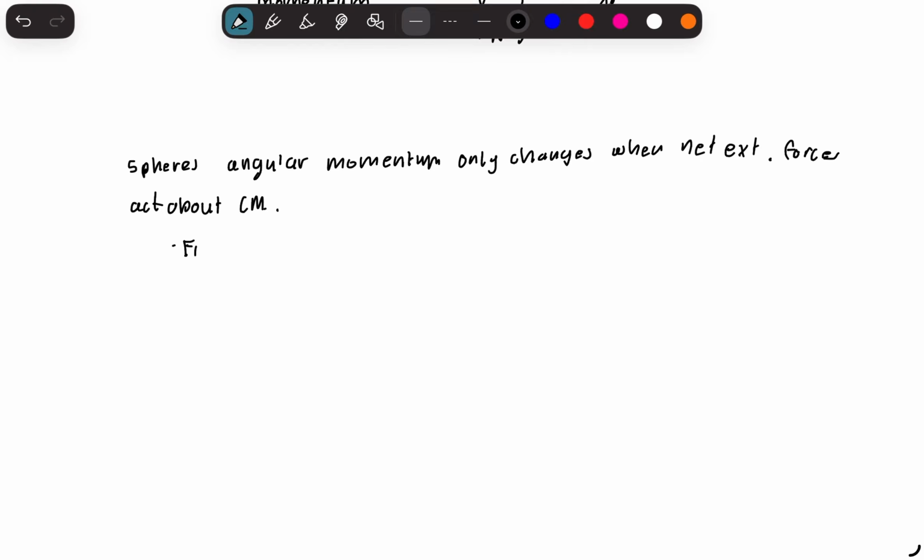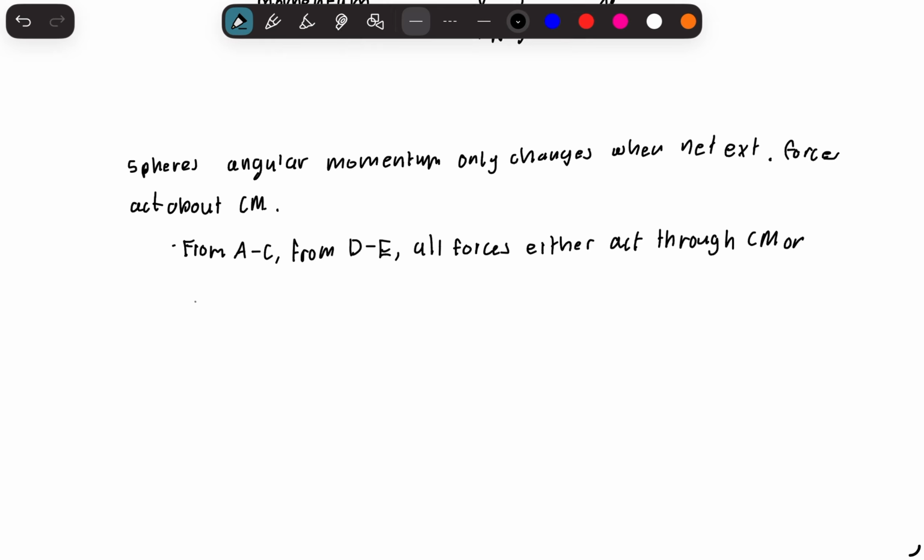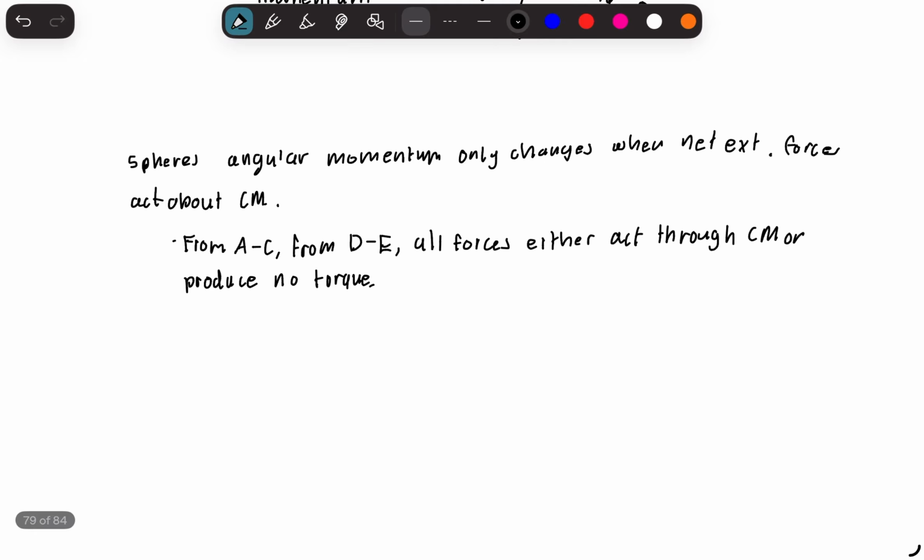We know that from A to C and from D to E, all forces either act through the center of mass or produce no torque. For those reasons, angular momentum does not change.